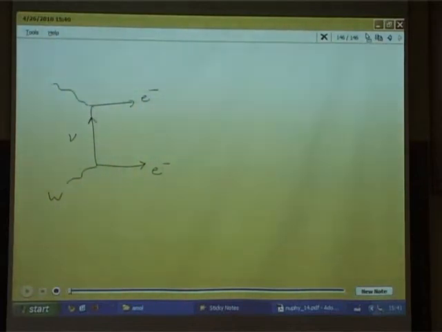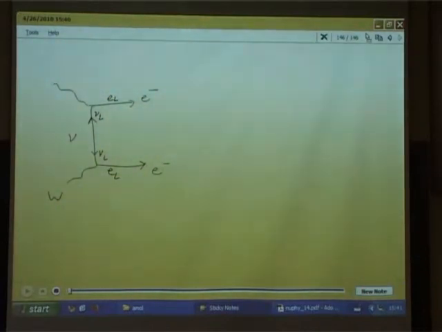At this vertex, on the other hand, you have a leptonic current going like this. So this is e_L going like this, and this ν_L should be going like this. Whereas here you have e_L going like this, therefore you would think that a ν_L should go like this. So therefore you should somehow have a particle which has both ν_L going in this direction and in the opposite direction.